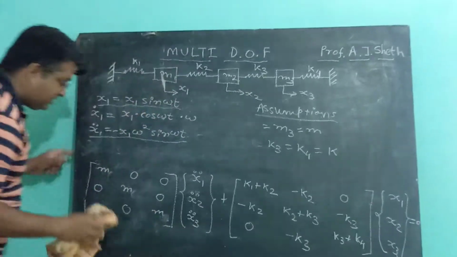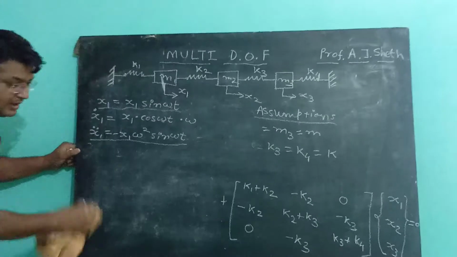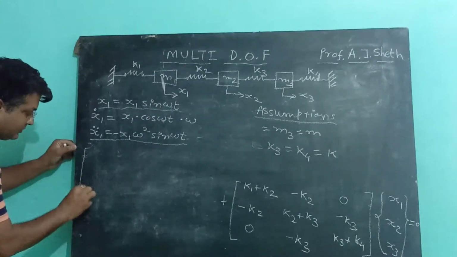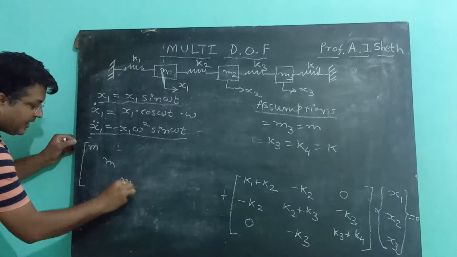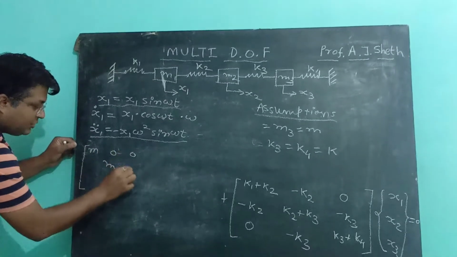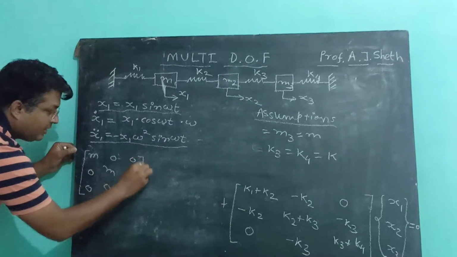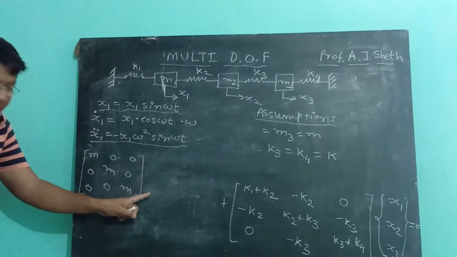This matrix will now be modified in this way. It is m, m and m, 0, 0, 0, 0 and 0 into x1 double dot, x2 double dot, x3 double dot.